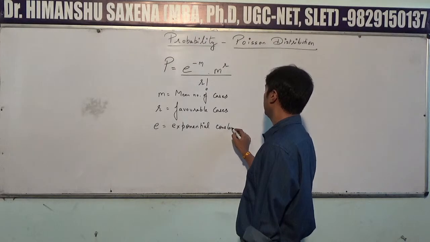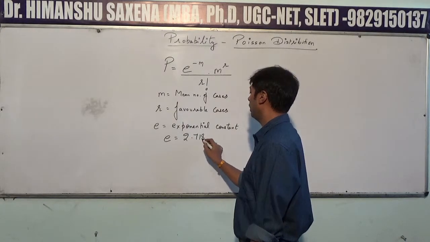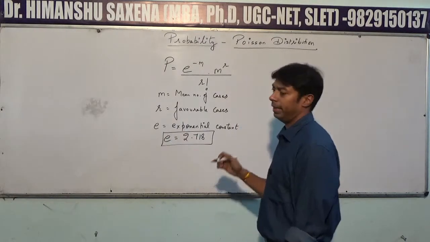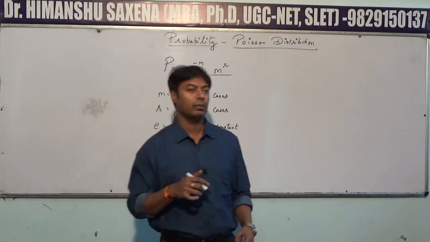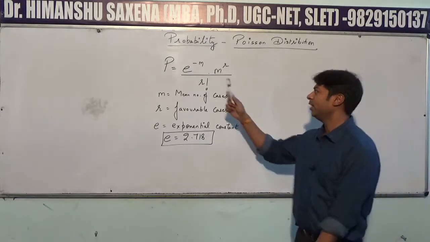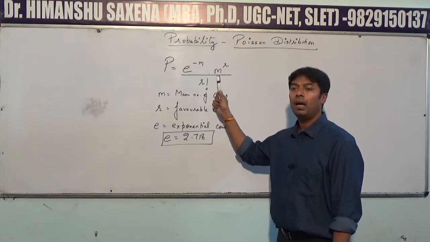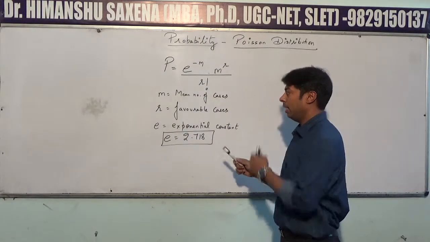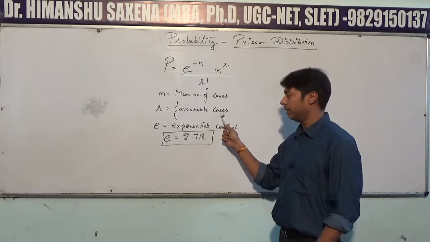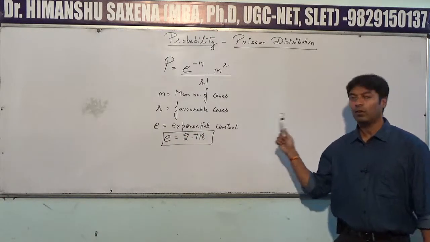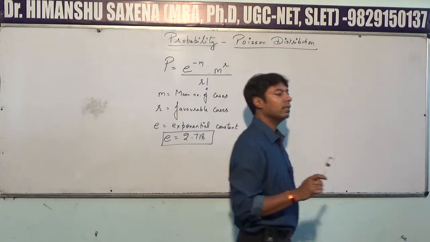Remember, it is the exponential constant and the value of e is always equal to 2.718.